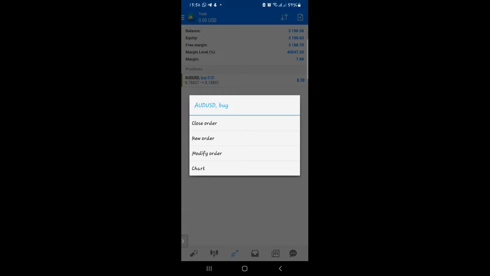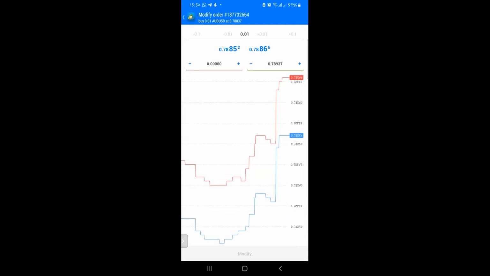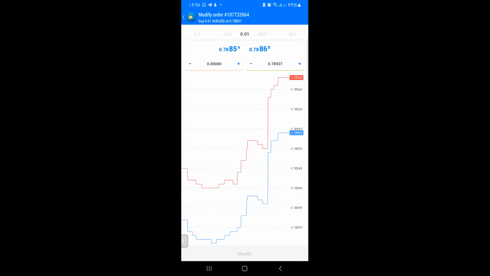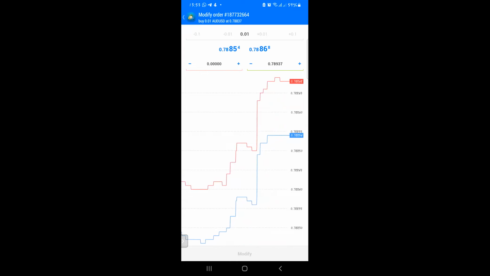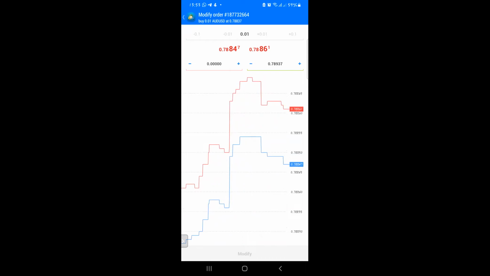It comes up with my options: close order, new order, or modify order. I can modify the order, and I'll again look at where I entered this trade at. I entered this trade at 0.78837. So now I need to calculate 10 pips less for my stop loss, right?